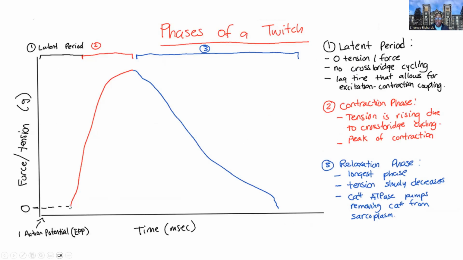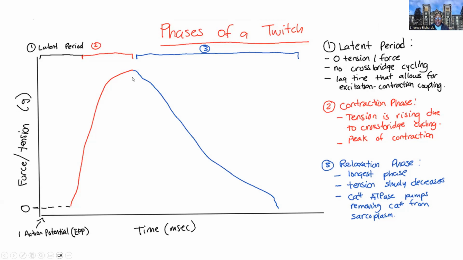Then we have the actual contraction phase, and this is where force generation begins. So this is when tension is going to start rising as the sarcomere has begun shortening, and we're now exerting force or tension in order to overcome the load in question. And then the relaxation phase is going to be the longest phase.